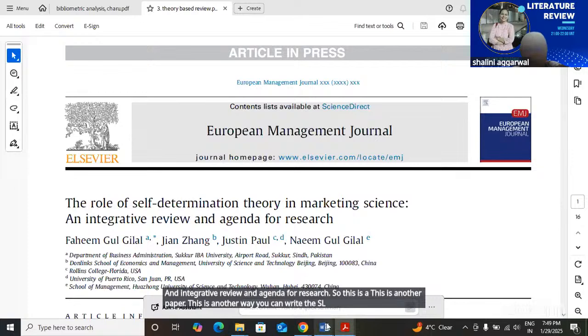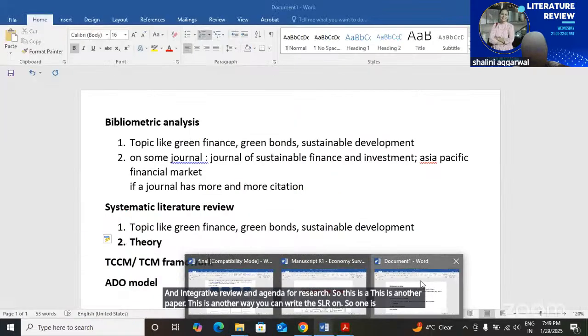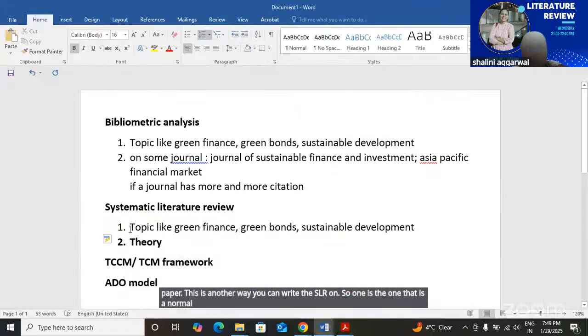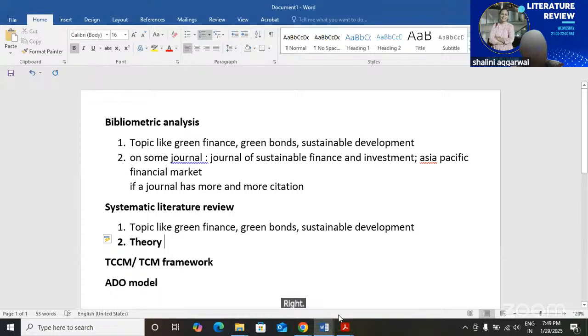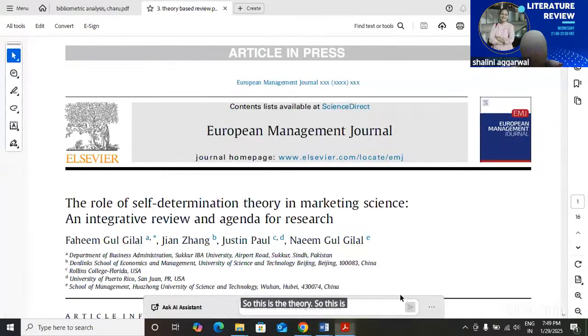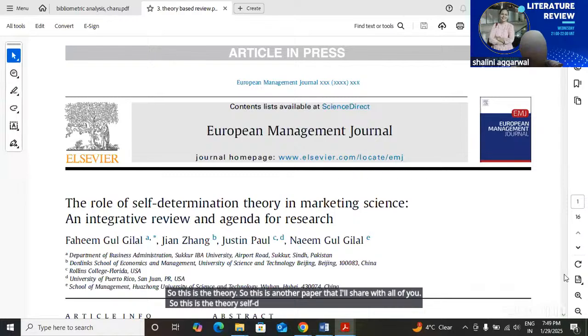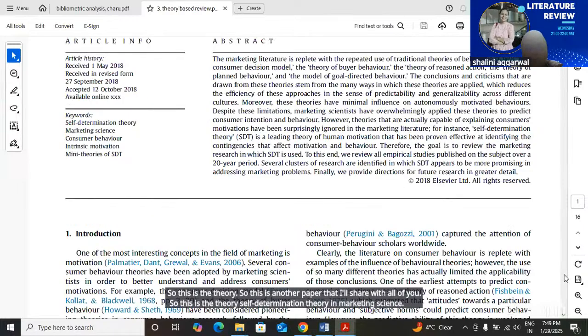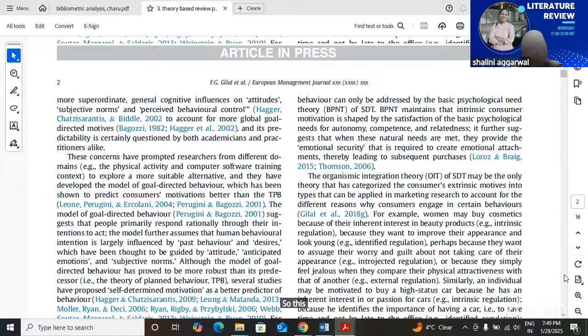So one is the normal way, a topic like green finance, green bonds, or sustainable development. Or second, you can write an SLR on the basis of some theory, right? So this is the theory, self determination theory in marketing science. I will share this paper with all of you.